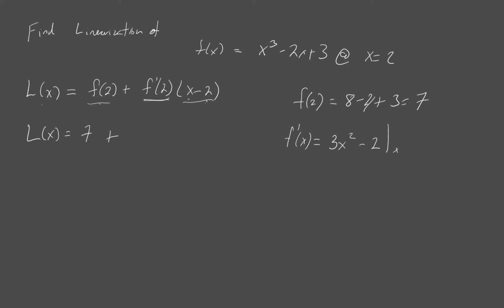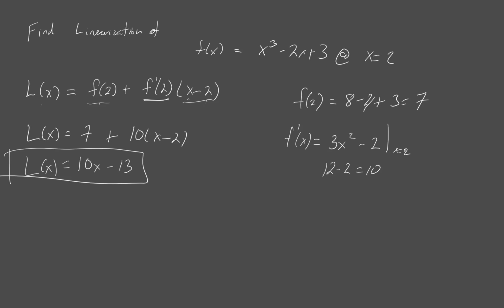So if I evaluate that at x equals 2, we get 12 minus 2 is 10. So I got 7 plus 10 times x minus 2. There's my linearization. I can simplify this a little bit. It's going to be 10x minus 20 plus 7 is minus 13. So there is our linearization at 2.